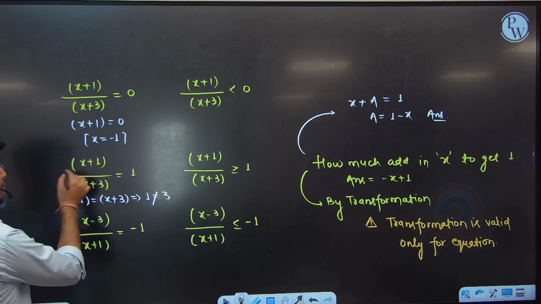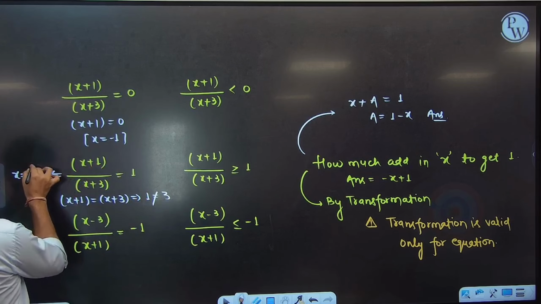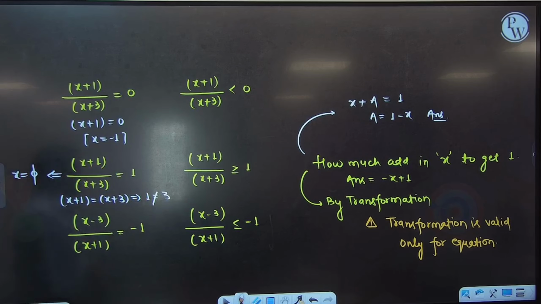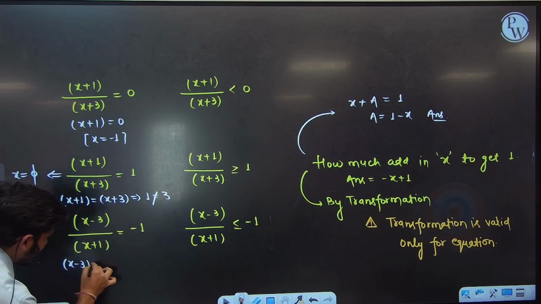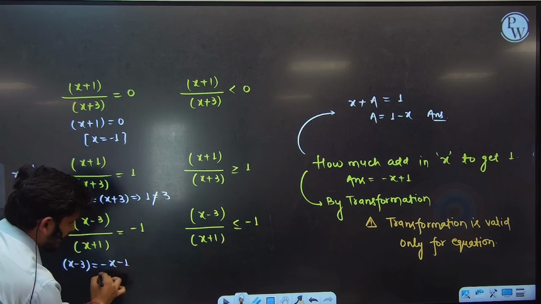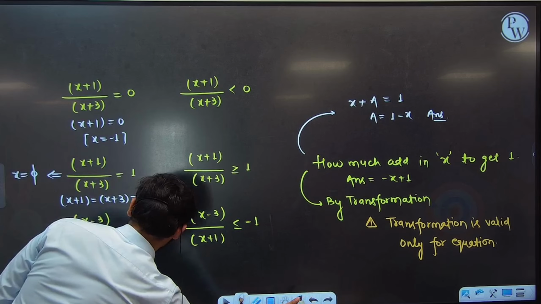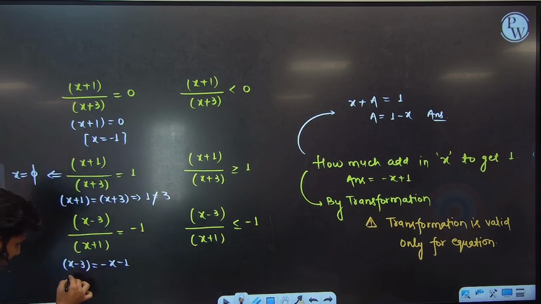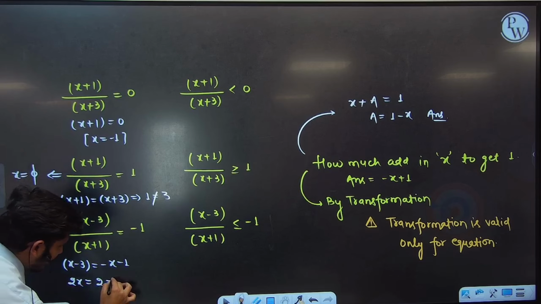Okay, so here x is equal to 5. Now here x minus 3 minus x minus 1 is equal to. Now minus x plus x, 2x and 2, and you get x is equal to.